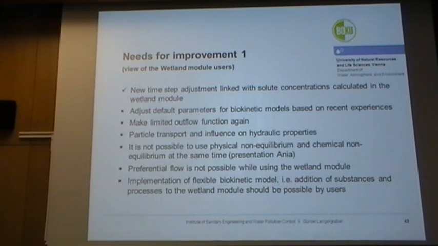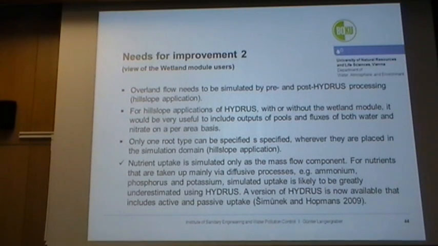Some people always want to add new processes and compounds in the biokinetic model, but at the moment we are fixed. I have some ideas how this could be done quite easily. And there are some requests that came from the hill slope application, which you can also find in the proceedings, mentioned there from Fields Matters.